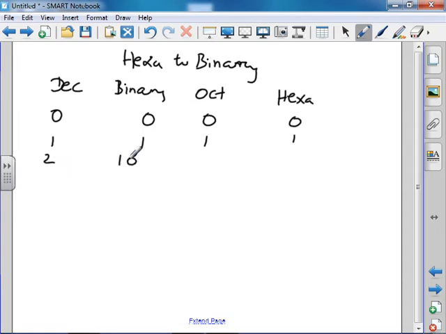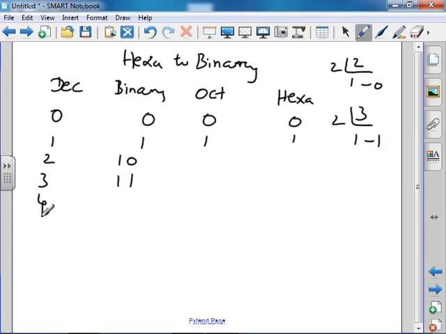See how this is: you divide 2 by 2, you will get 1, remainder 0. For 3, the binary equivalent is 1 1. How? 3 divided by 2 gives 1, remainder 1, so we write 1 1.